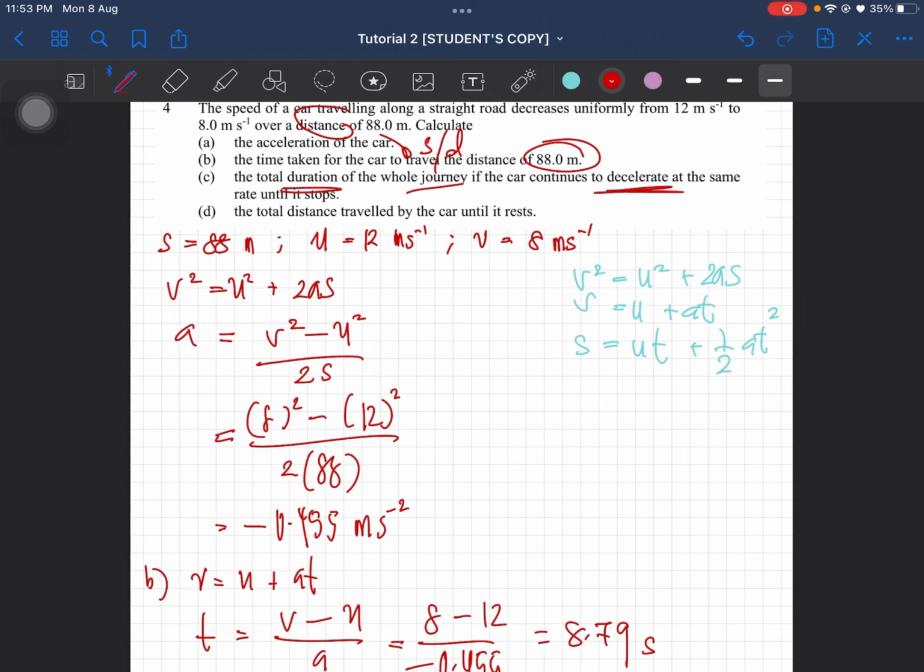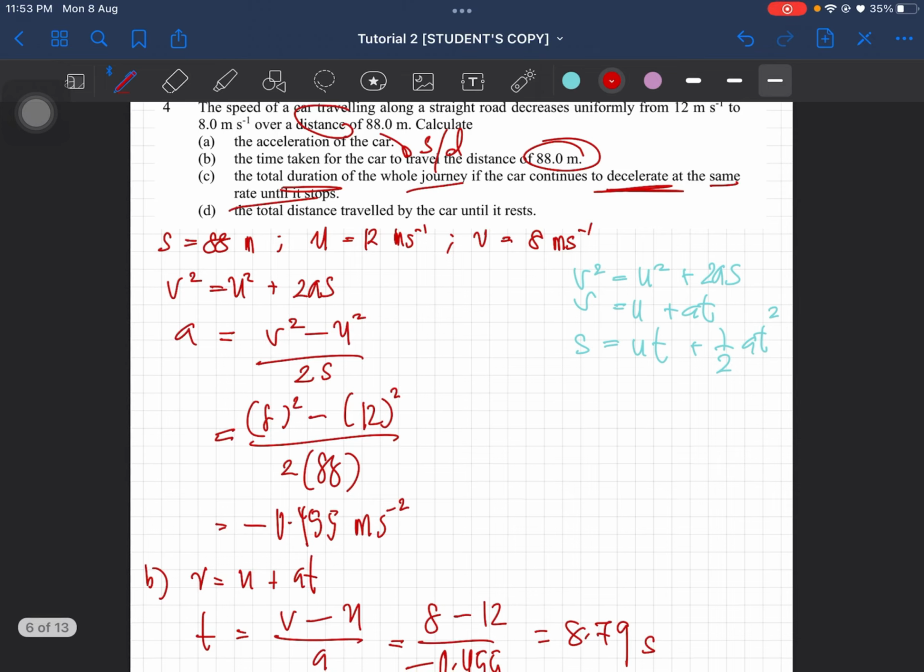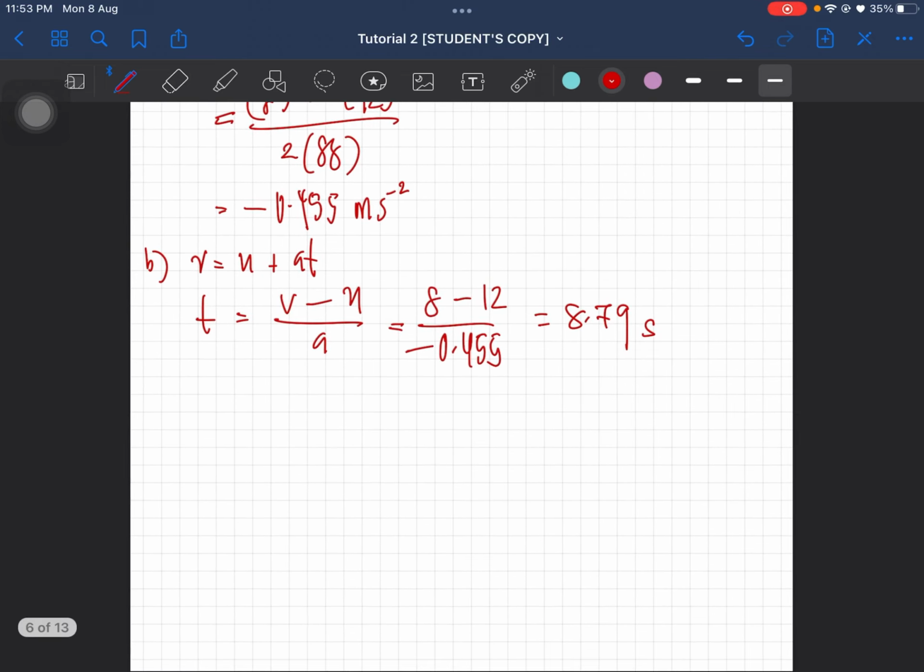Question C, we have to calculate the total duration of the whole journey if the car continues to decelerate at the same rate until it stops. Until it stops means that the final velocity will be equal to 0 meter per second. The initial velocity is still the same, 12 meter per second, and it is decelerating at the same rate, which is 0.455 meter per second square.